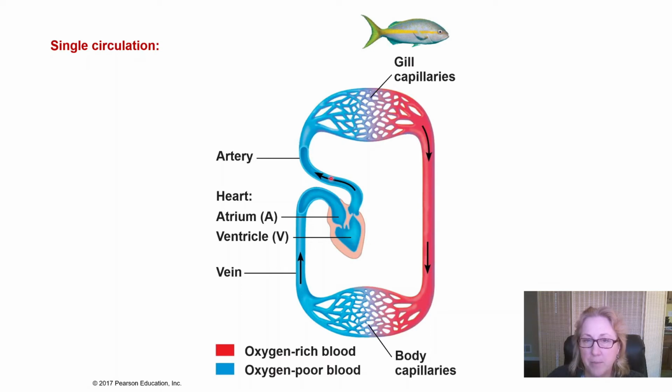When the blood is pumped out of the heart, it goes to the gills where it becomes more oxygenated, and then it continues on to the rest of the tissues, to the capillary beds for the muscles and the skin and all that, and then the deoxygenated blood travels back to the heart. So they only need 2 chambers in their heart because they don't have 2 separate circulatory systems.